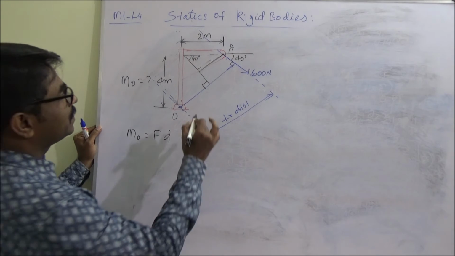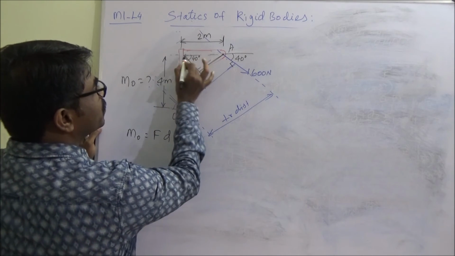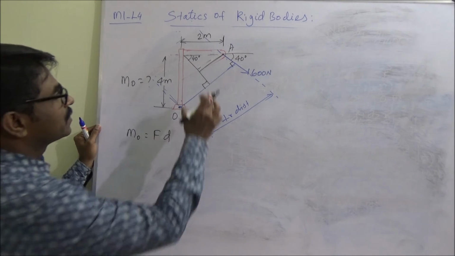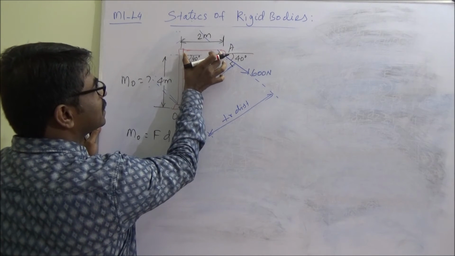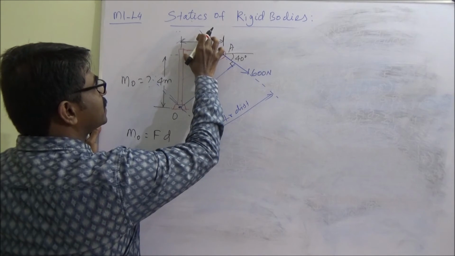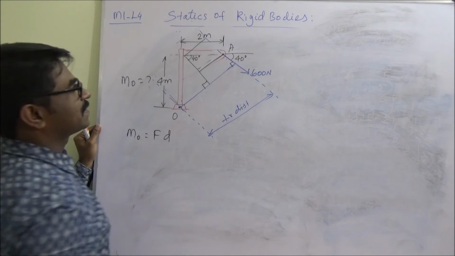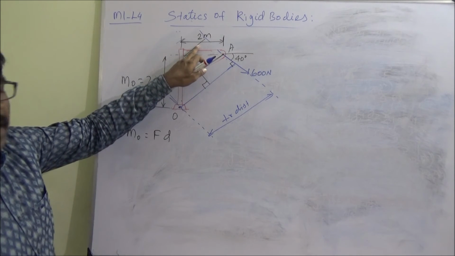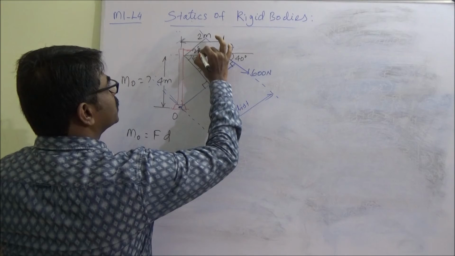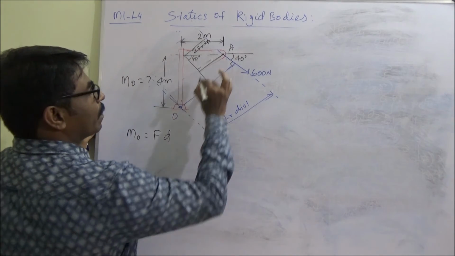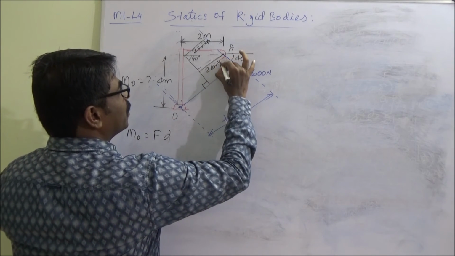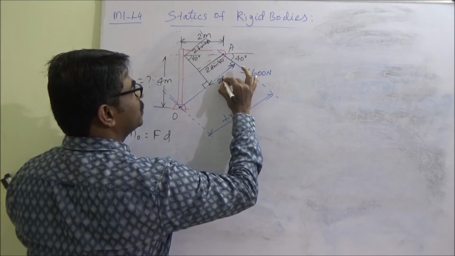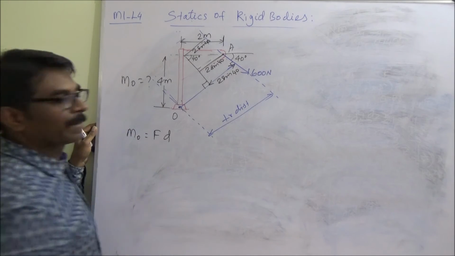So now this hypotenuse distance is 2 meter. So then this distance, what is this? 2 sine 40. So this distance is 2 sine 40.